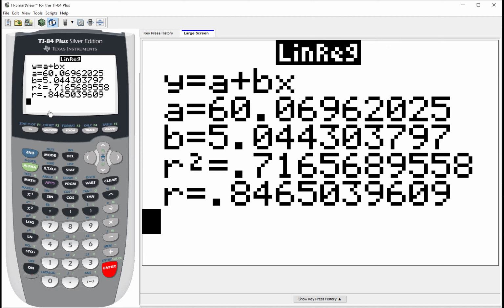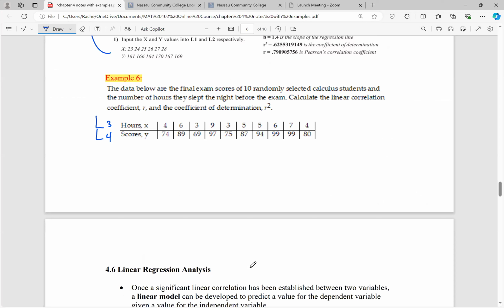And then R squared is about 0.717 if we go 3 places. So let's write this down. R is equal to 0.847.